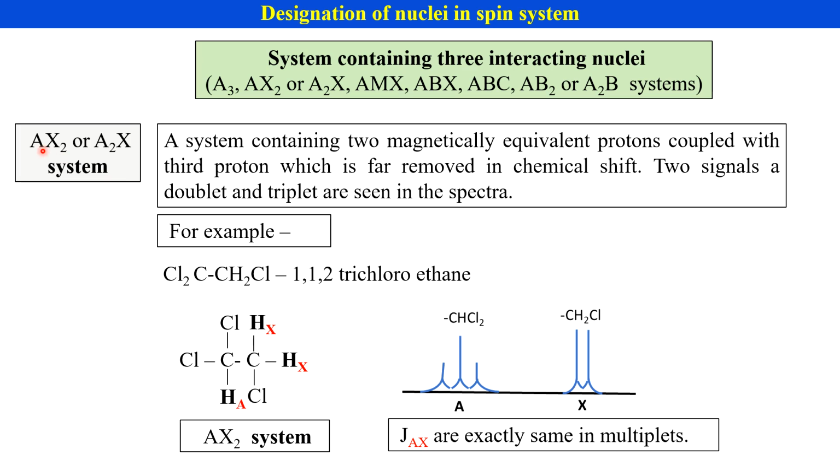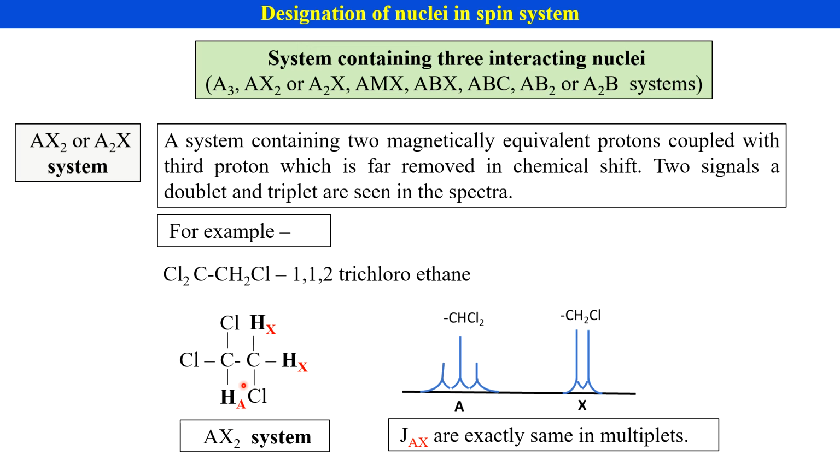Then the next type is the AX2 or A2X system, a system containing two magnetically equivalent protons coupled with a third proton which is far removed in chemical shift. In case of AX2, A gives a triplet and X gives a doublet in the spectra. For example, 1,1,2-trichloroethane exhibits an AX2 system.